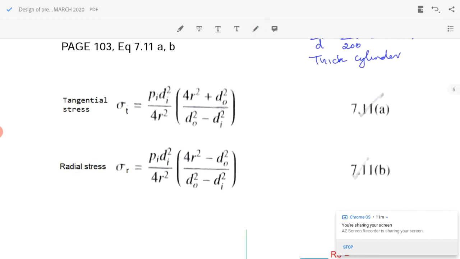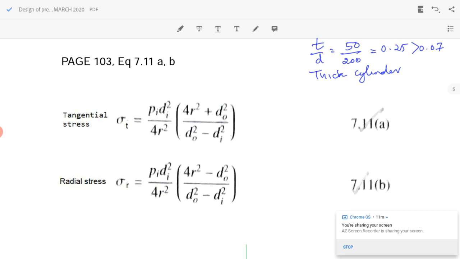In order to find these stresses, we have the equations on page 103, equations 7.11 A and B, for tangential stress and radial stress. Outer dia is known, inner dia is known. Substituting different values of radius, I can get the values of sigma T and sigma R.